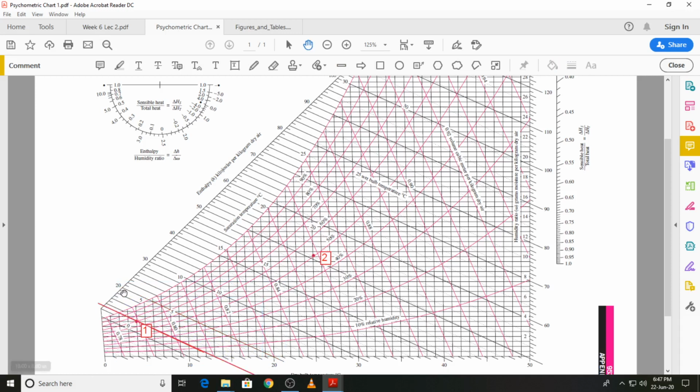you can see this has a value. This is 20, this will be 18, this is 16, 14, this will be 13 kilojoules per kilogram dry air. So that is the specific enthalpy over here, which is 13 kilojoules per kilogram dry air, and the specific volume will also have to be worked out. This is 0.80, and this over here will be 0.79.